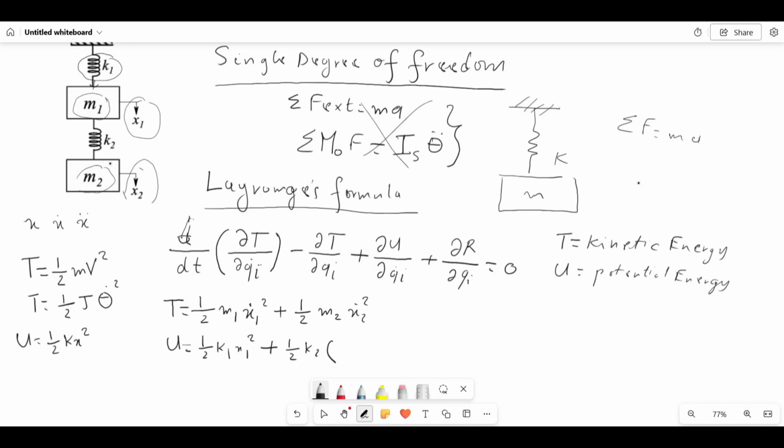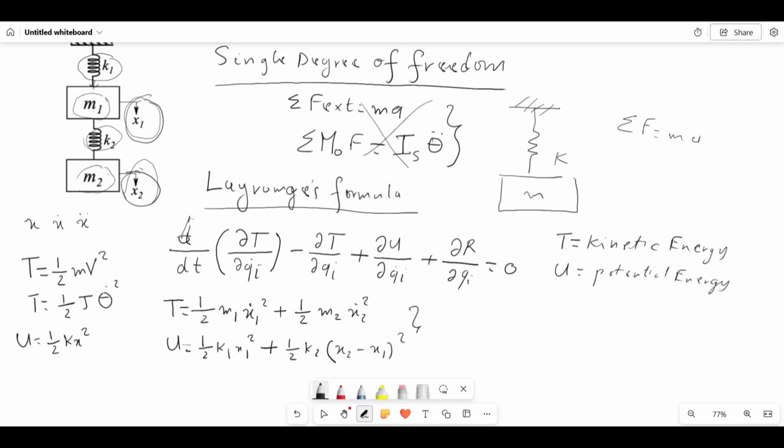We go final minus initial, so the displacement of x2 minus the displacement of x1. Why do we have this? Because K2 is between M1 and M2. That is the only reason why, when you write the potential energy of K2, you have x2 minus x1 square. This is really important.